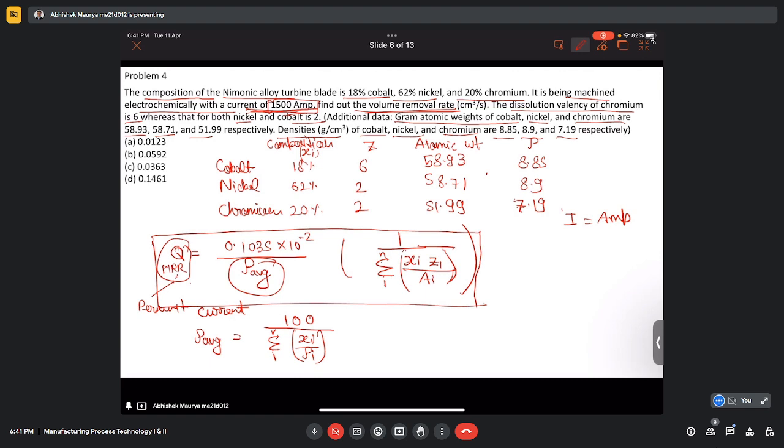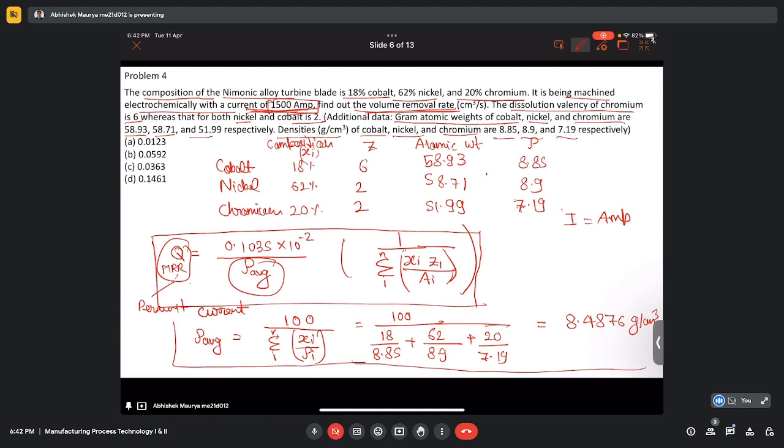If we substitute the values, what we will get? 100 divided by 18 divided by 8.85 plus 62 divided by 8.9 plus 20 divided by 7.19, and if you calculate it, we'll get 8.4876 gram per centimeter cube. So that is the average density of the alloy.